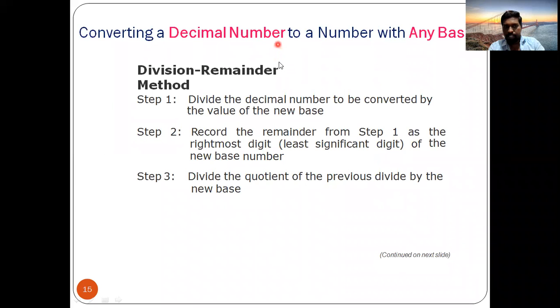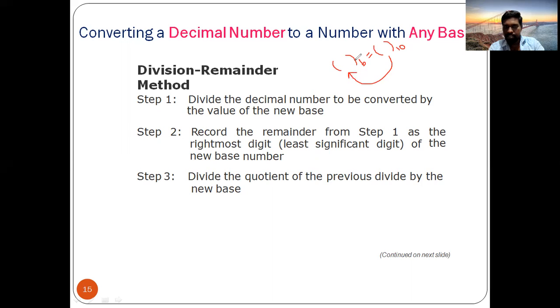Now we will see the reverse method. Previously we saw a number with any base, base b, converted into a number with decimal. This is the model we have seen previously. Now we are seeing the reverse process. If a decimal number is given, how to convert it into a number of any base.